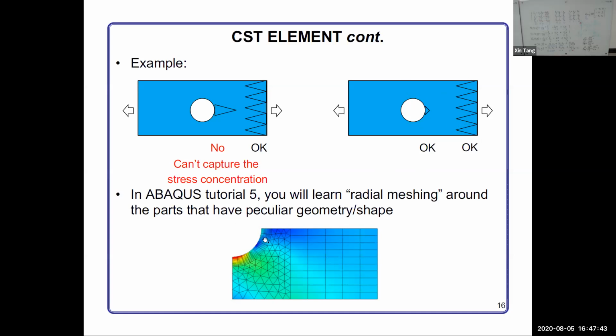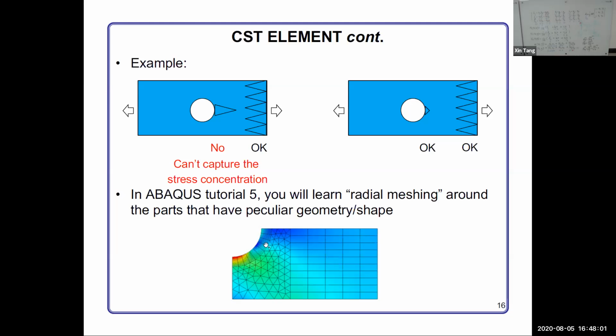So to further reduce the computational cost, you can just simulate a quarter of it, and then use the fine mesh and coarse mesh combination. In tutorial 5, you will learn how to do this mesh.